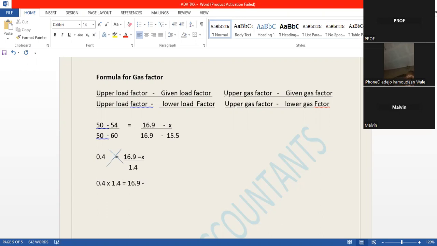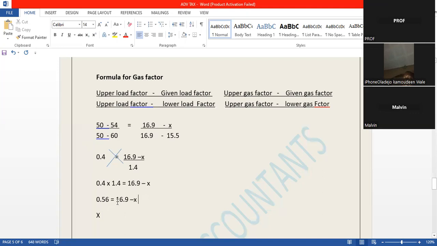16.9 minus x. So what are we going to have next? If you multiply 0.4 times 1.4, what do we get? 0.56. So 0.56 equals 16.9 minus x. So from this aspect now, what do we need to do? We want to find the value of x, right? So to find the value of x, all we need to do is to move this to the other side.